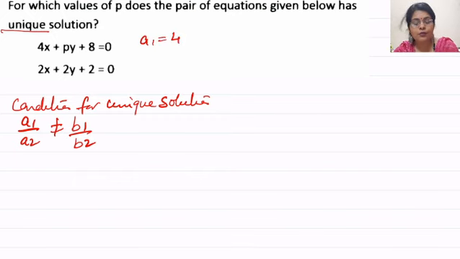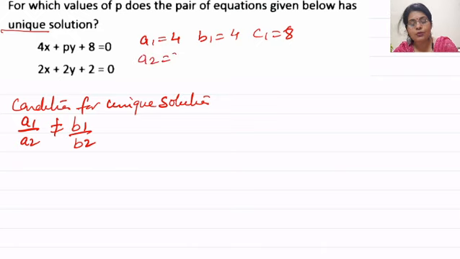Value of a1 is 4, b1 is 3, and c1 is 8. Here a2 is 2, b2 is 2, and c2 is 2. And simply we have to put the values.